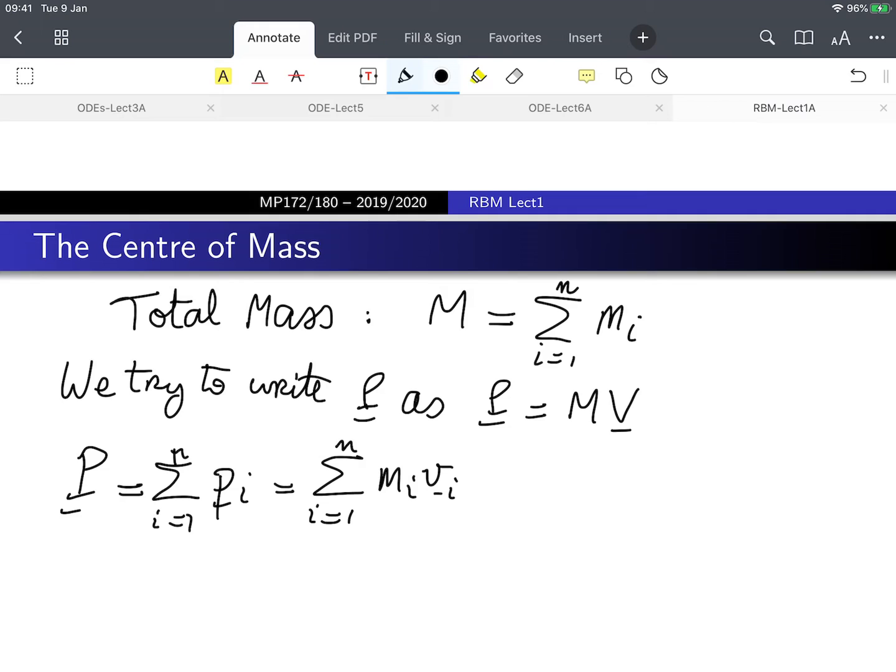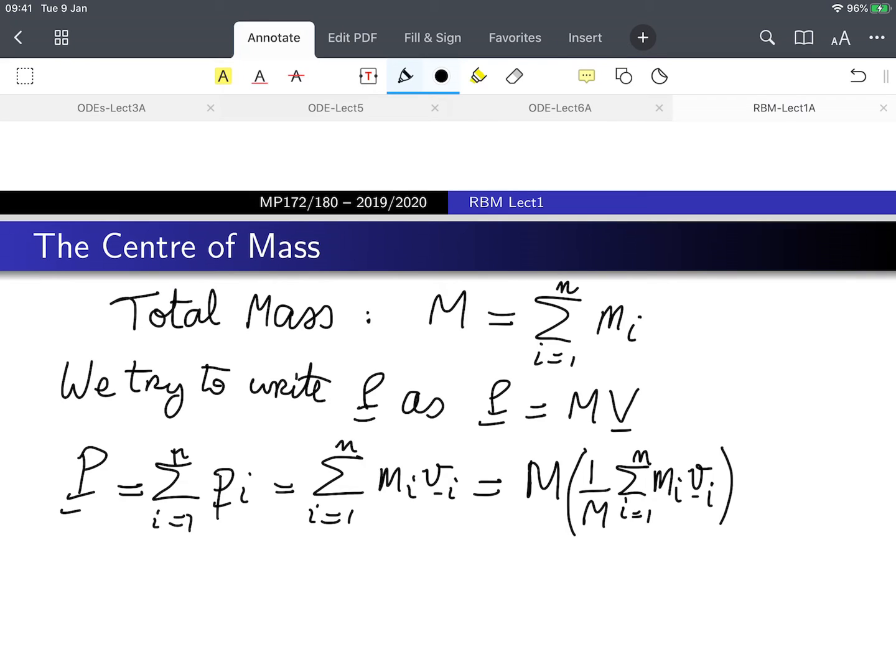M_i V_i. I want it to read like capital M times V, so I'm just going to multiply and divide by M. That's the same. And then I'm just going to call that a velocity.